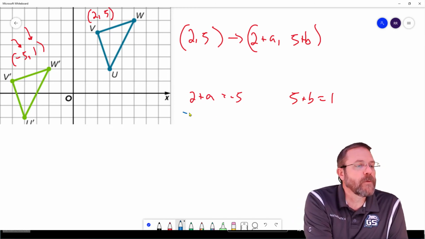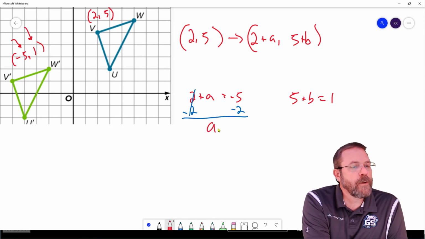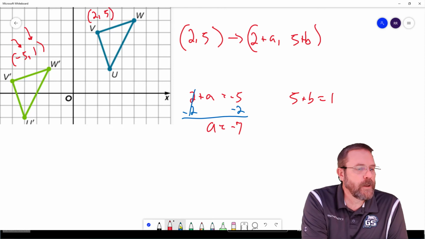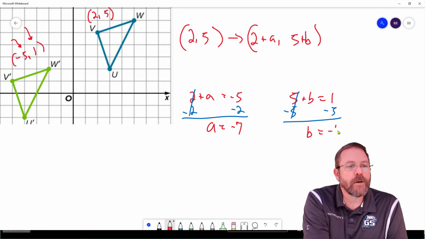Start off by subtracting 2 from both sides on this one. Those two zero each other out, and that leaves, signs are the same, find the sum. A is negative 7, and for this one I'm going to subtract 5 from both sides. These zero out, and that's going to leave B equal to negative 4.